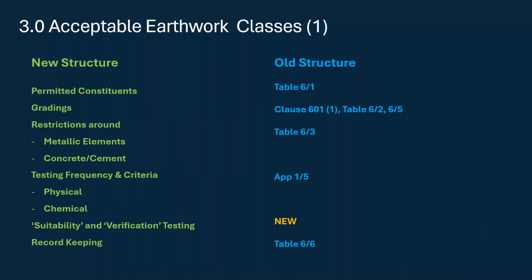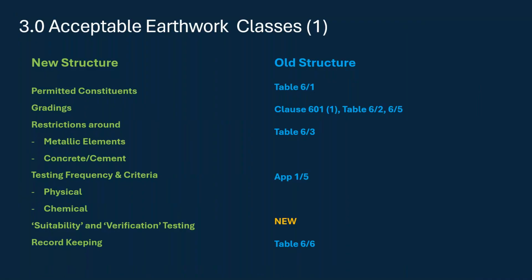And there's also a distinction between suitability and verification testing. So suitability testing really is your initial classification, maybe the information you get from a supplier in terms of imported material that you're bringing into site, any check testing that you might do before he does bring it in.